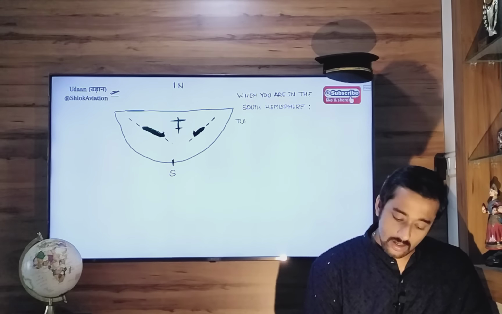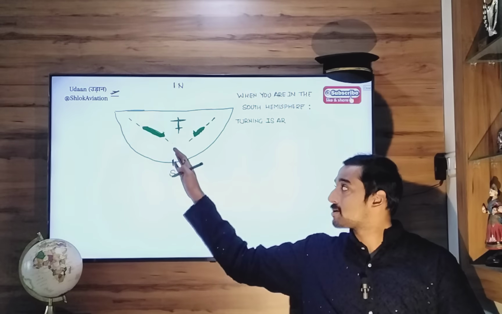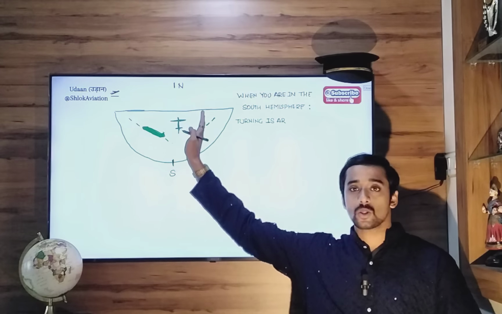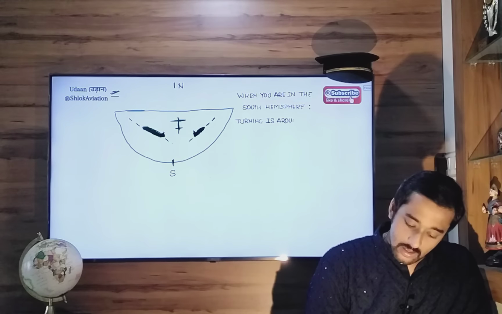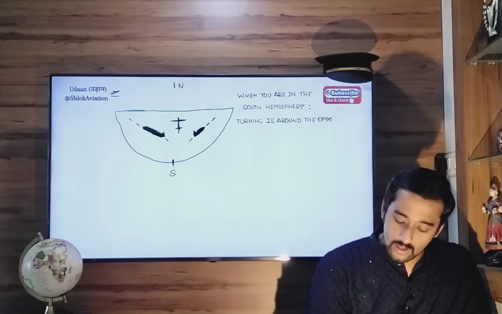The turning is around the opposite pole. So here you are in the south hemisphere, but despite that fact, you are turning through the north pole, the opposite pole. So turning is around the opposite pole. In this case, it's the north pole.